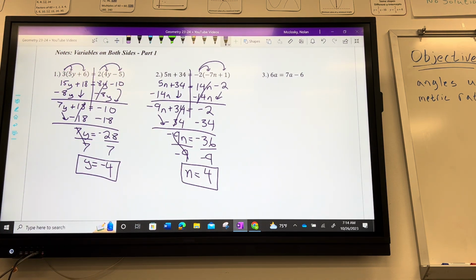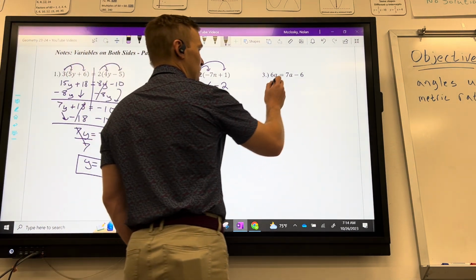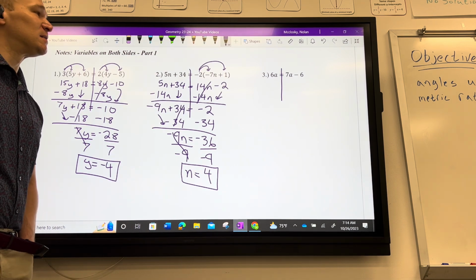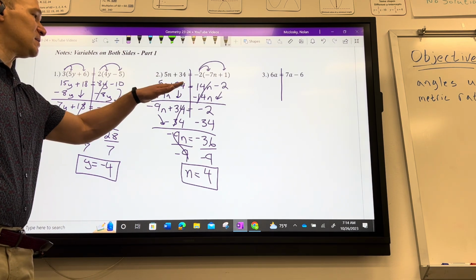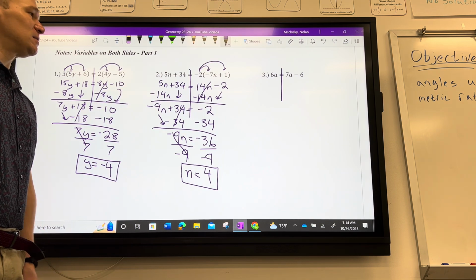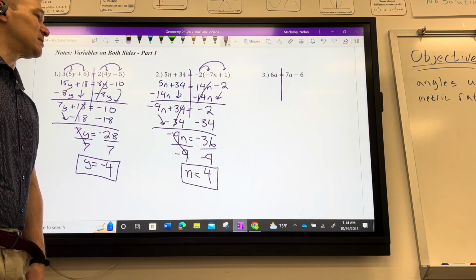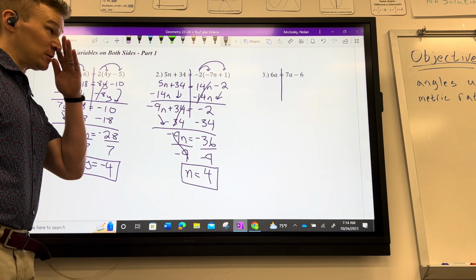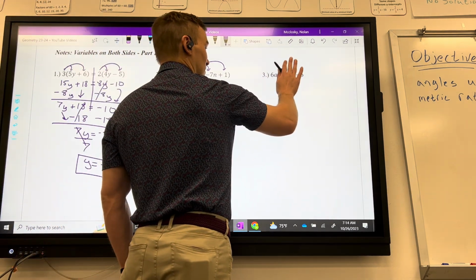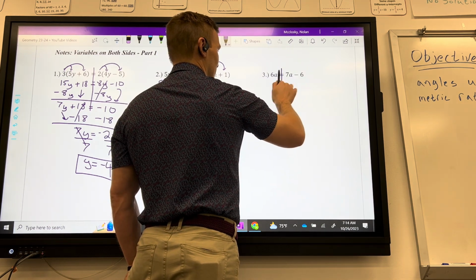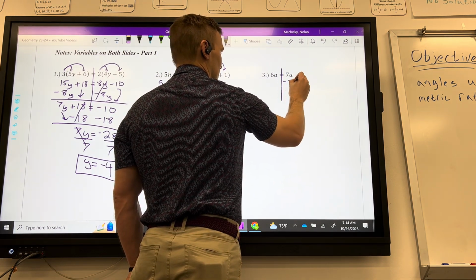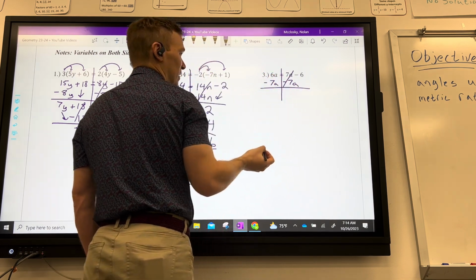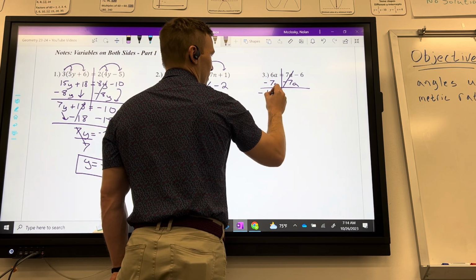All right, number 3 is kind of different. It's a little bit of a shorter equation. Sometimes this happens, but there's still a variable on both sides. There's no parentheses, so we get to skip the distributing step. There's no like terms, so we skip that step. But there is a variable on both sides, so we need to move the variable to one side. Once again, I look at the right side. There's a positive 7a, so we cancel it out by subtracting 7a. 6 minus 7 is negative 1, so negative 1a.